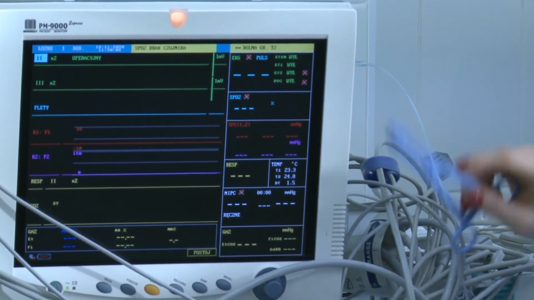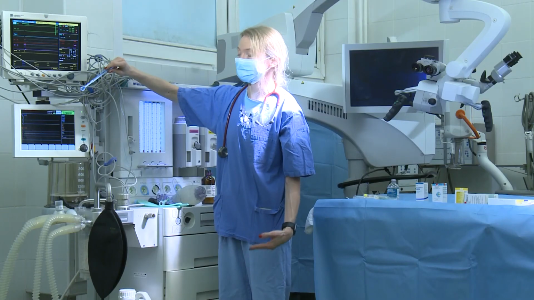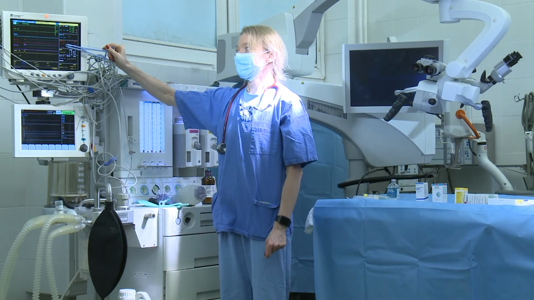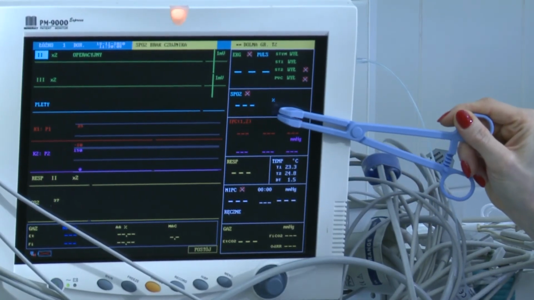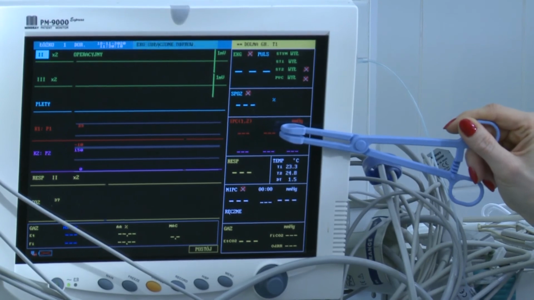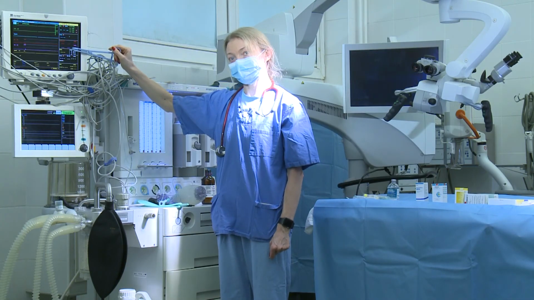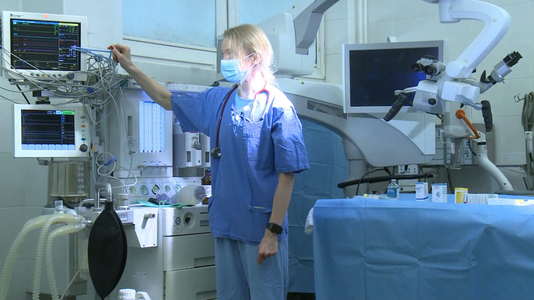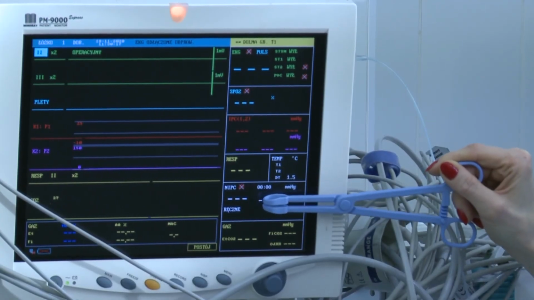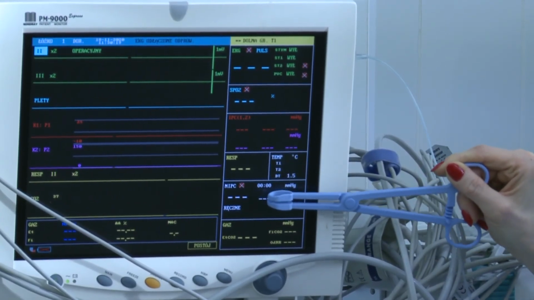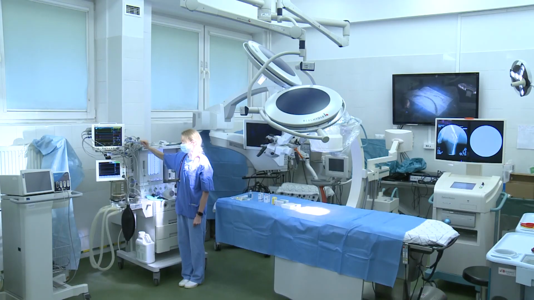Also, this equipment is able to tell us something about intra-arterial pressure and intravenous pressure, also the level of body temperature and non-invasive arterial pressure.